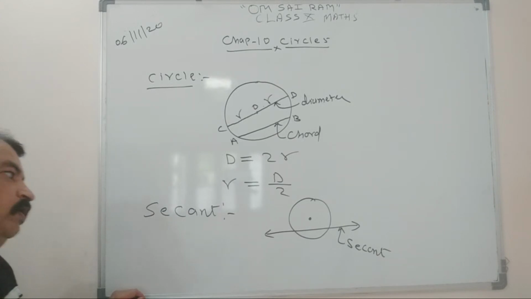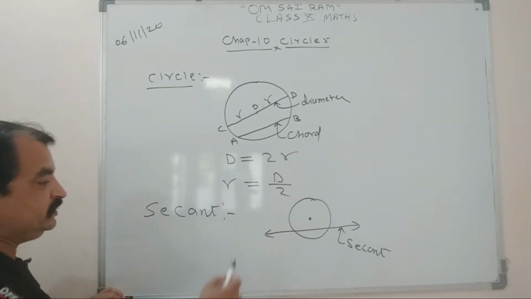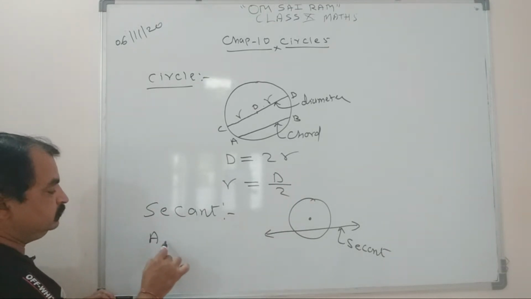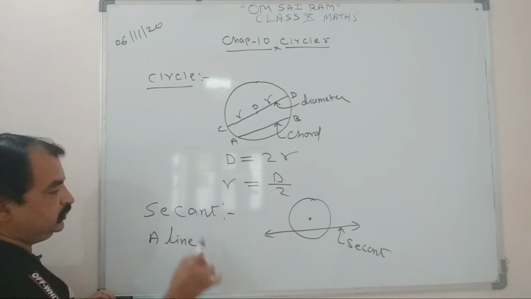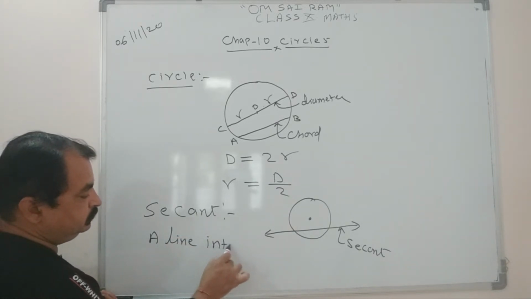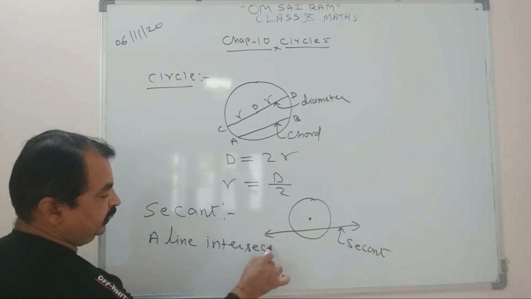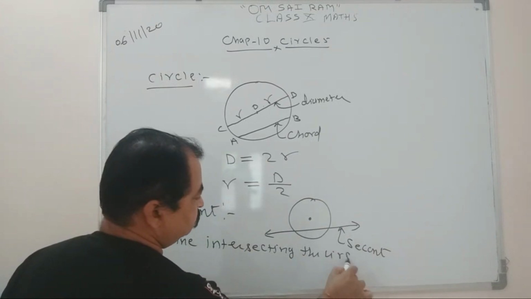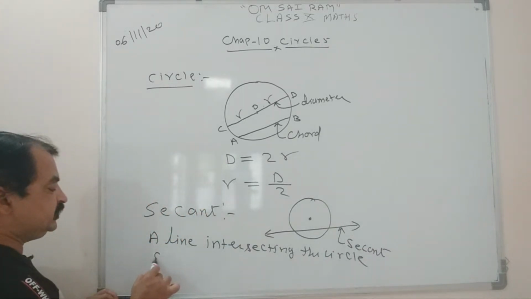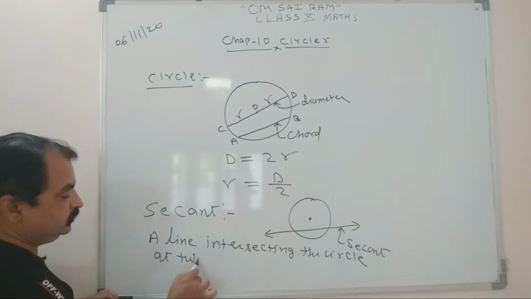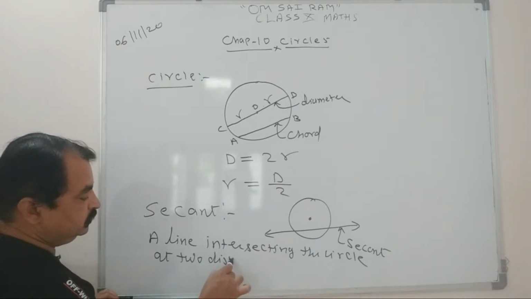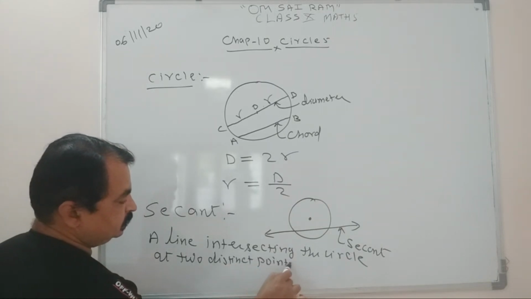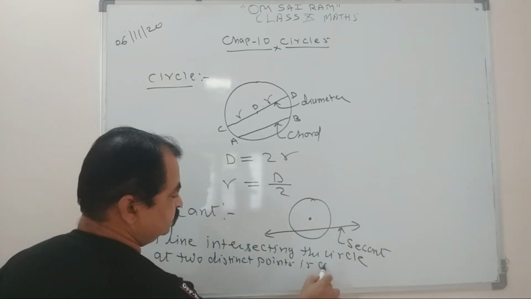Right? One more term you require. So how would you define the secant? You can write the definition for the secant, right? A line intersecting the circle at two distinct points is called secant.